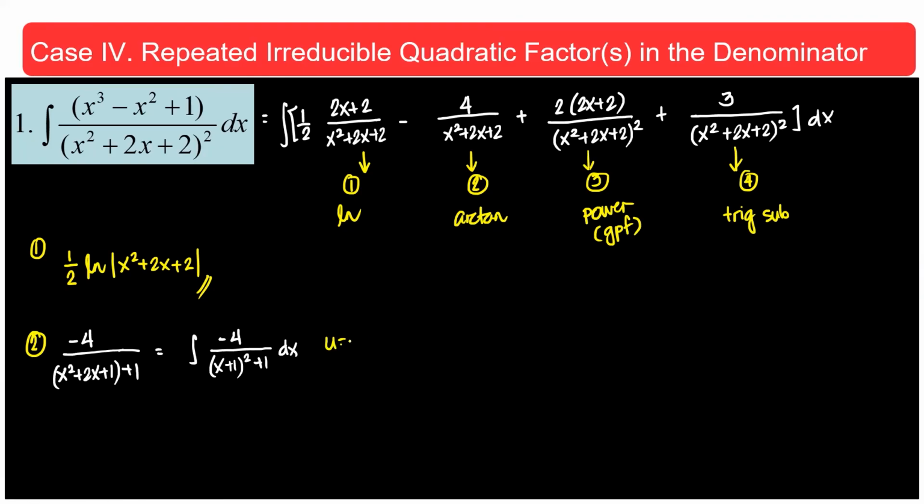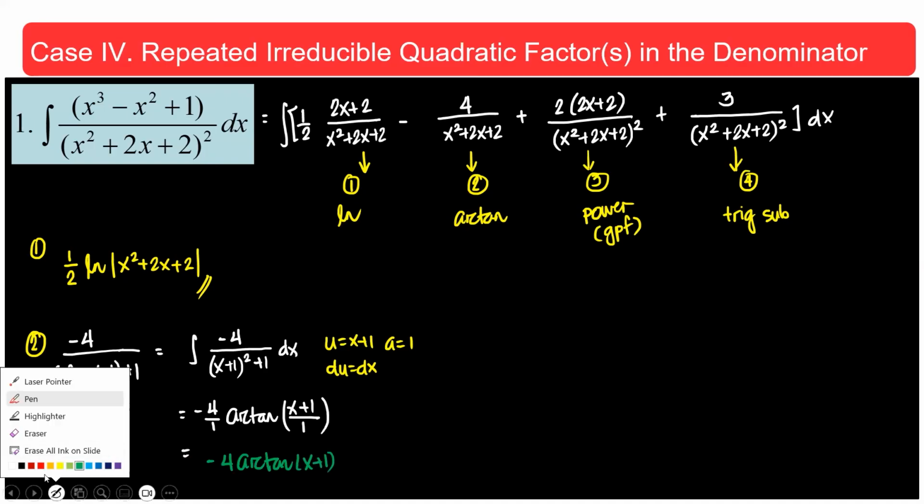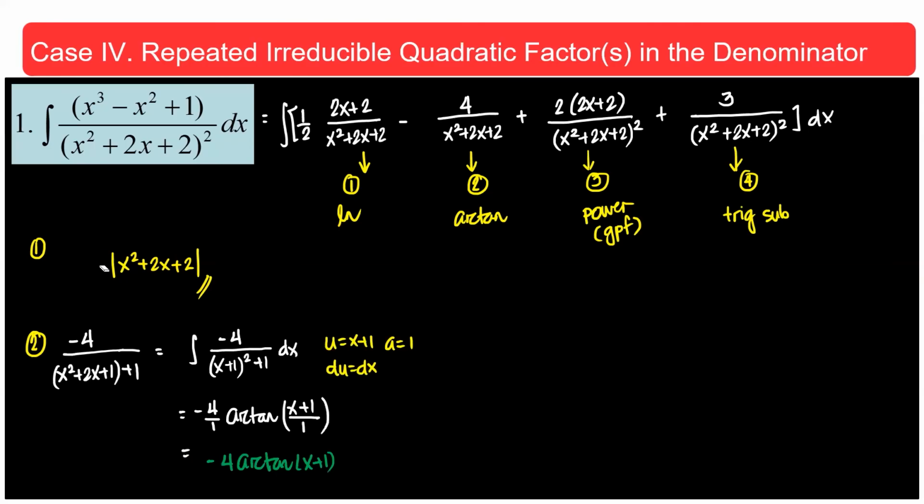So your u is x plus 1, a is 1, du is dx. So no problem with this. We don't need the -4. Let's bring it out. U over a, arctan of x plus 1, so -4 arctan of x plus 1. Let's make the answers green.